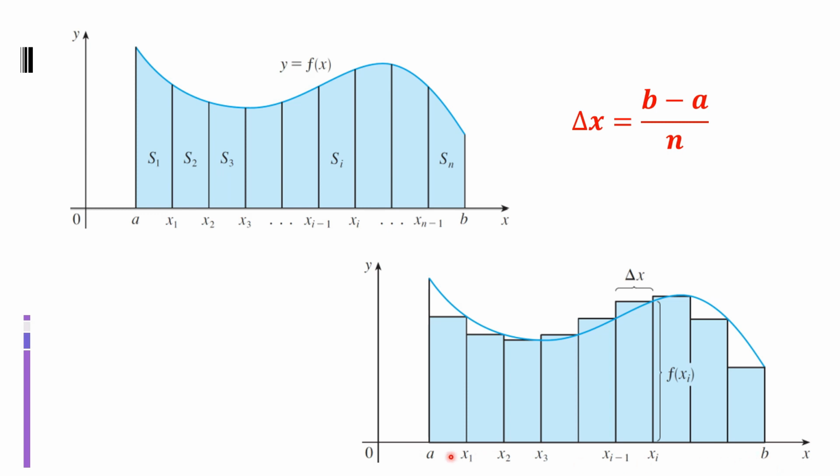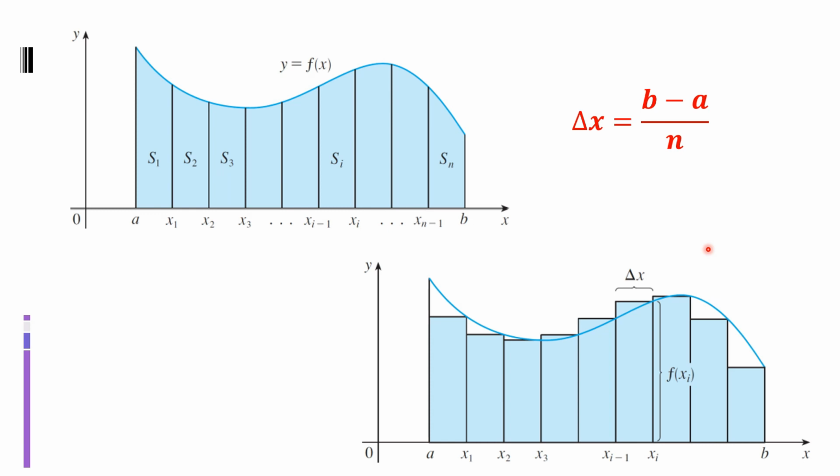Ima-minus natin yung width ng interval natin divided by kung ilang mang rectangles yung gusto natin. So, that is the width, okay, of our strip. And that is delta x.